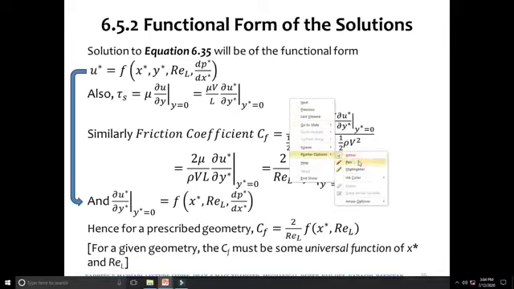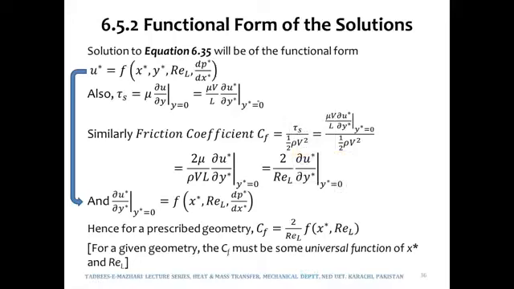We have put that in the numerator, and in the denominator we have half rho v square. So first of all, this 2 will come into the numerator.